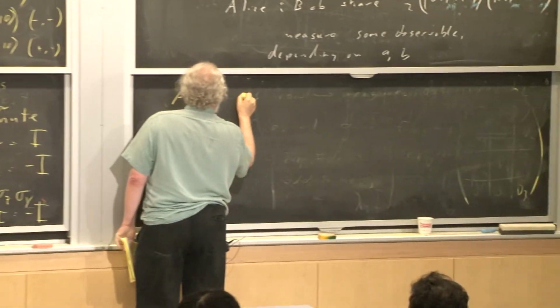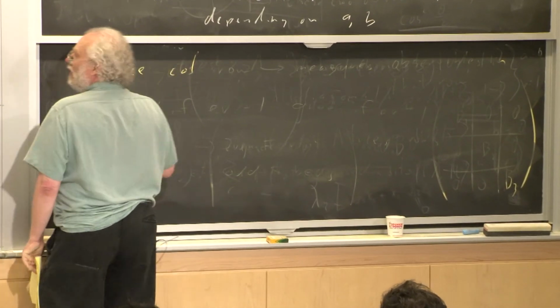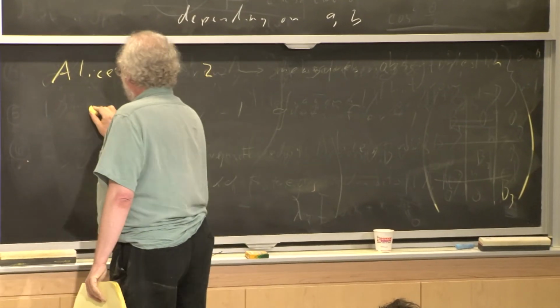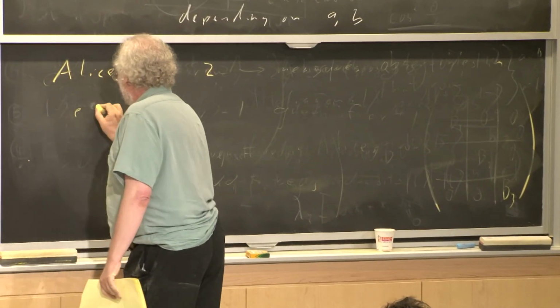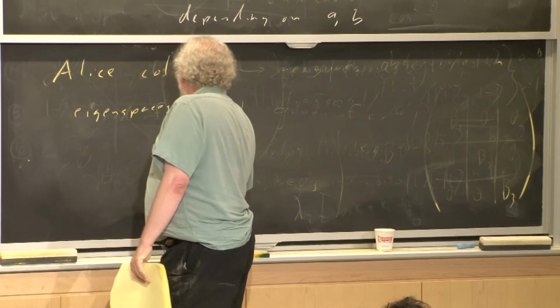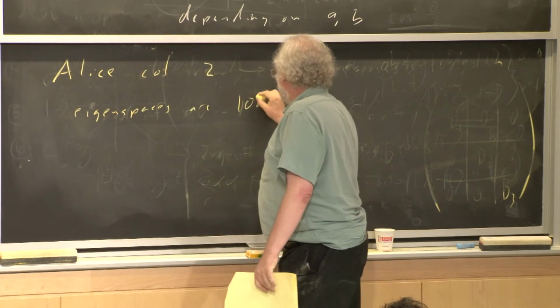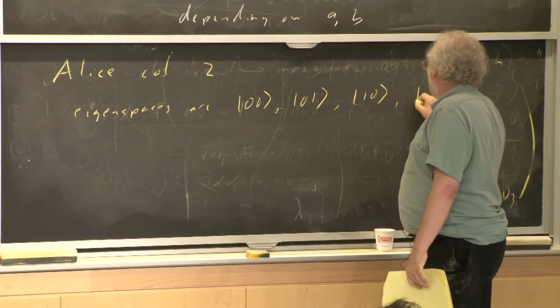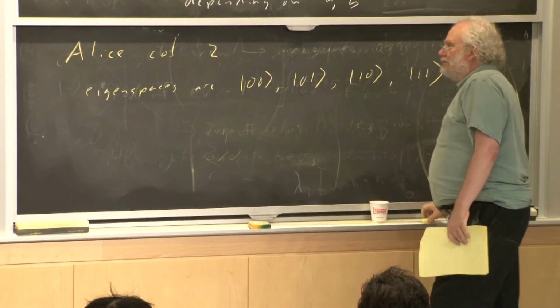Alice, I want to do column 2. Eigenspaces are 0, 0, 0, 1, 1, 0, 1, 1.